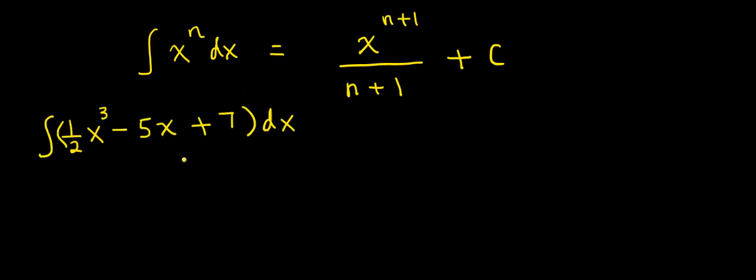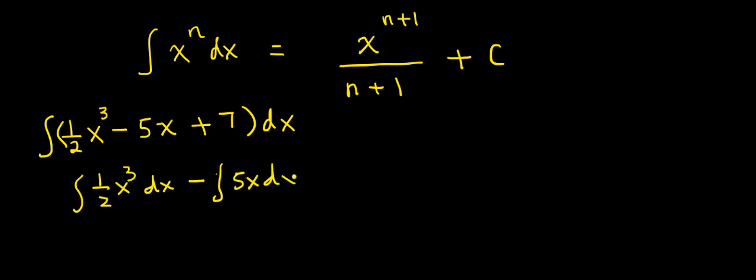Now let's do our final example here. Let's take the antiderivative of the quantity 1 over 2x cubed minus 5x plus 7. So what is that? Let's separate each term. You're going to get the antiderivative of 1 over 2x cubed dx, minus the integral of 5x dx, plus the integral of 7 dx.